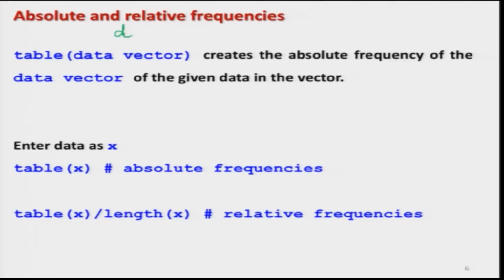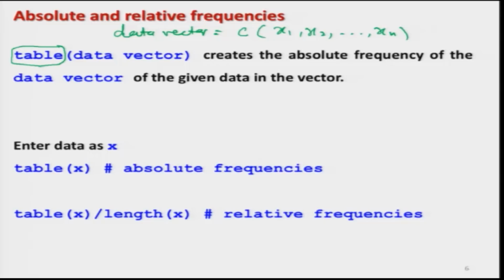So, any data vector is going to be in the format c(x1, x2, up to xn), if I assume that there are n values. For example, in the earlier case there are 10 observations, so n is 10. After this, the command to obtain the absolute frequency is table, T-A-B-L-E, all in small letters.